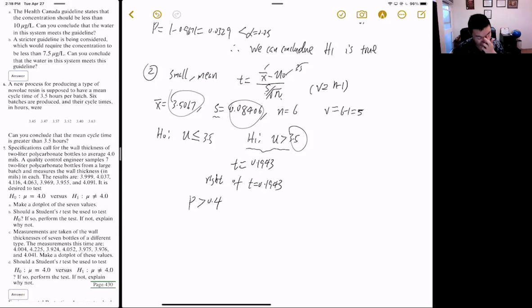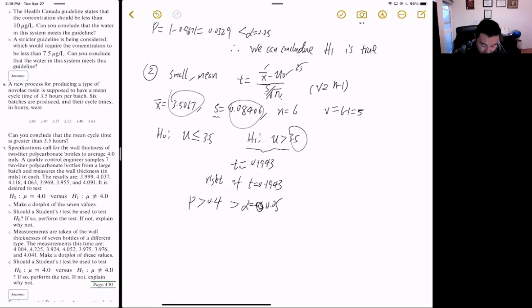Because H1 is in the form of mu larger than mu 0, it should be on the right side, so the p value is very large, larger than alpha of 0.05.